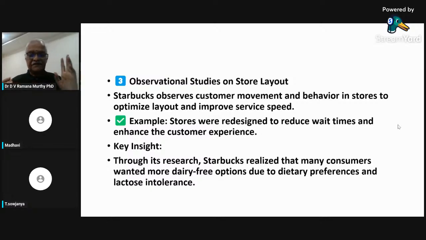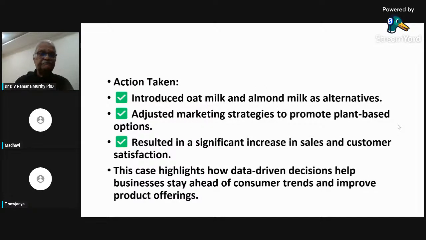No milk, please note, no milk in the coffee. So, dairy free options due to dietary preferences and lactose intolerance. Lactose is a component that is there in milk, and they are not interested in lactose. They're intolerant towards lactose, so they prefer dairy free products. That's one.